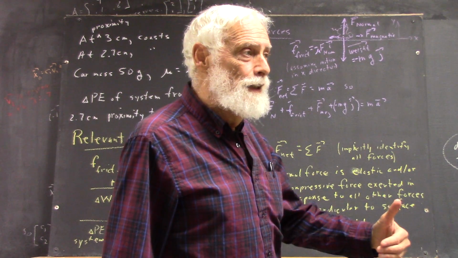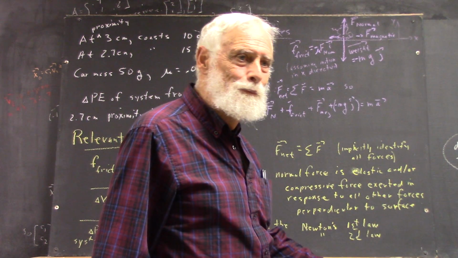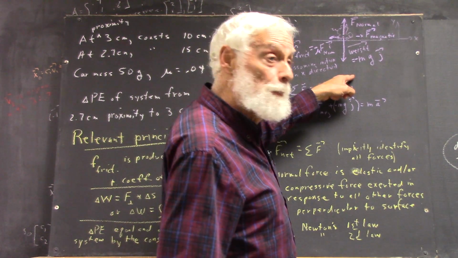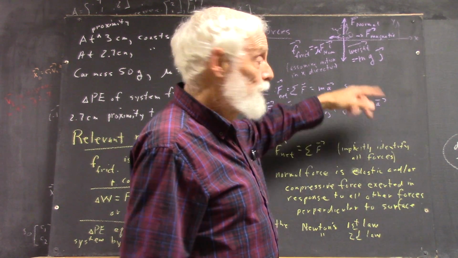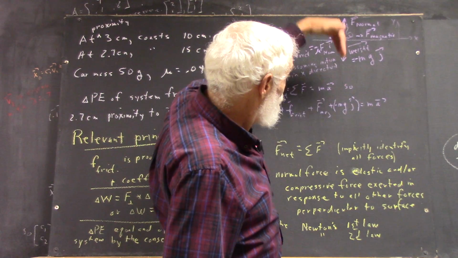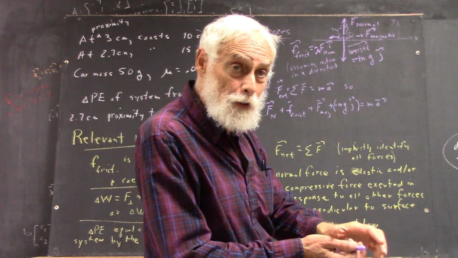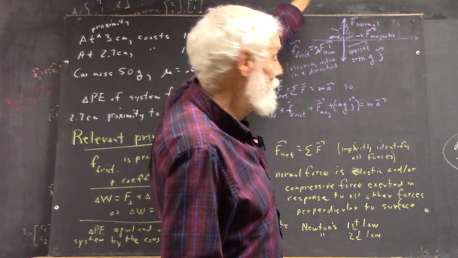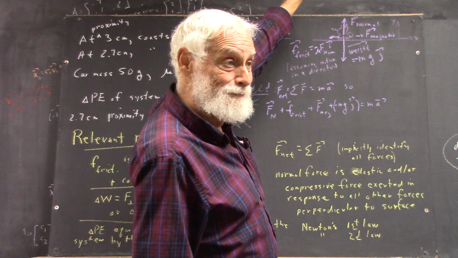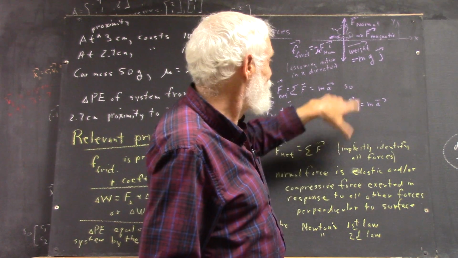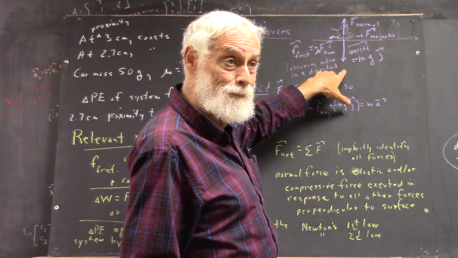And one of them is in response to another. This one is in response to this. And it's an elastic or compressive force due to what this thing is doing to this surface. Well, it means when the surface rebounds, the force is going to be in this direction. Normal, right? So this force is in the direction opposite this one.